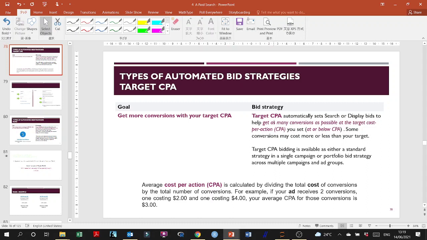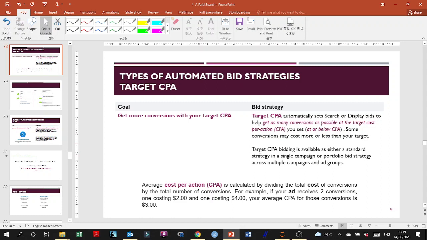So target cost per acquisition automatically sets search or display bids to help get as many conversions as possible at the target cost per action that you set, at or below, of course. Some conversions may cost more or less.